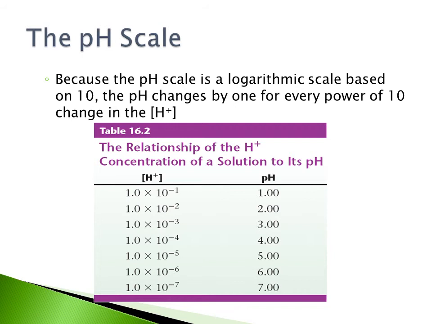And for every change on the pH scale of 1, that means something is 10 times more or less acidic. So comparing a pH of 3 to pH of 4, an acid with a pH of 3 is actually 10 times more acidic than a pH of 4. It has 10 times more H+ ions in solution.